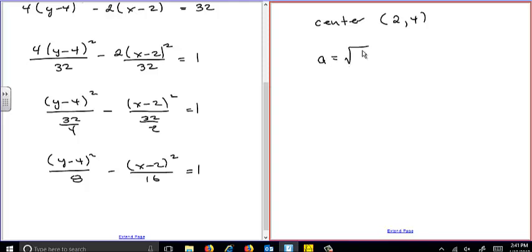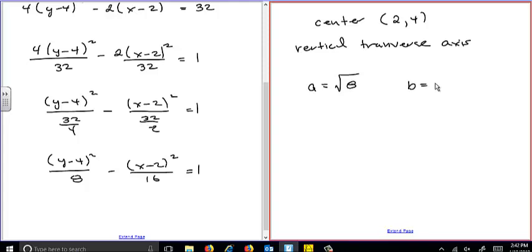That always goes with the, yeah, so before we do that, we have to make this comment about it's going to be a vertical transverse axis. So we get a is equal to the square root of 8, and b is equal to the square root of 16, which is 4.